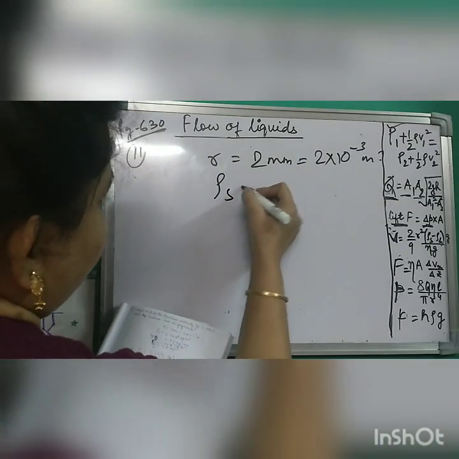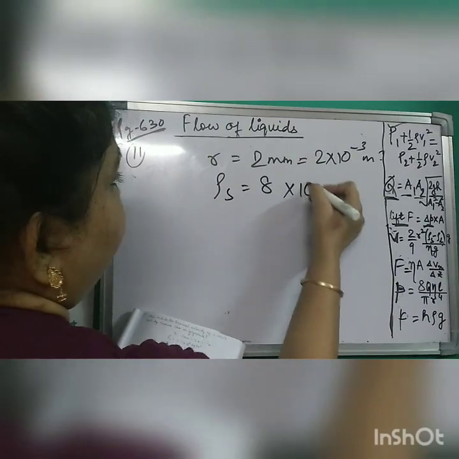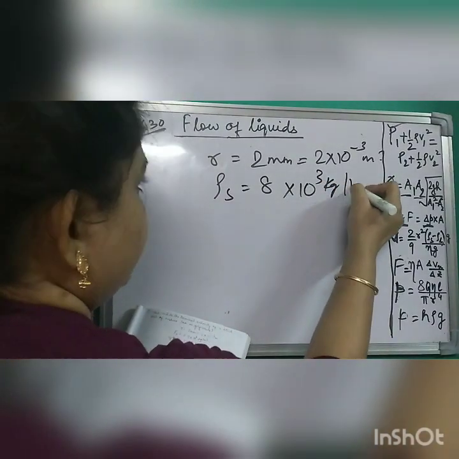Now, as I told you, students, at the beginning of the numericals, in a pink box, different values are given. From there I have copied the values and am writing them. When you are doing it, please refer to it. Here it is given that the density of steel is 8 into 10 to the power 3 kg per meter cube.